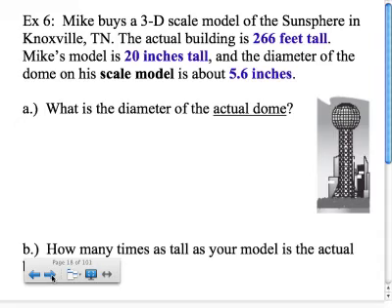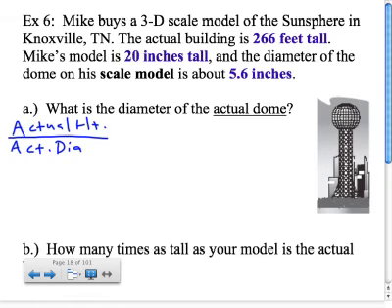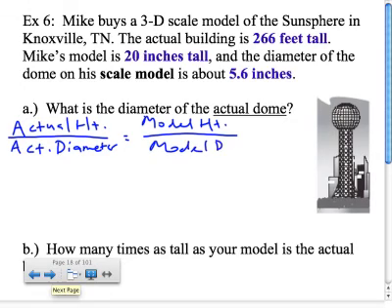So you have to set up a proportion here: actual height over actual diameter equals model height over model diameter. This is not the only way to do it, but this is the way I would choose to set it up.